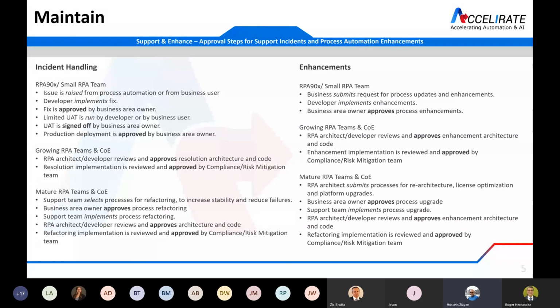So there is a process when you open a ticket, and it will go to approval for fixing the ticket, and there should be a limited UAT running to measure that it's actually running the successful scenarios as before, and also fixing the bug that is there. So there is a UAT sign-off and approval before it goes to production.